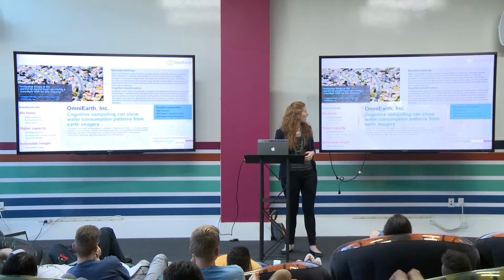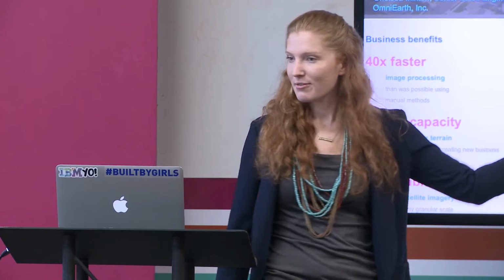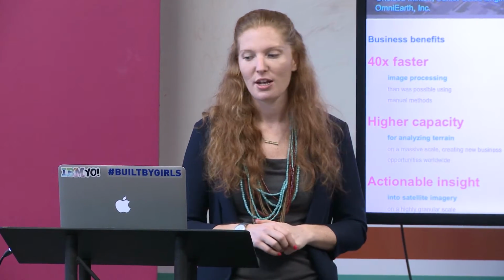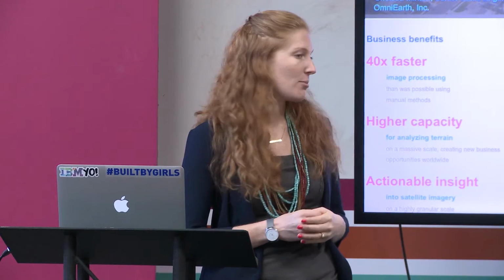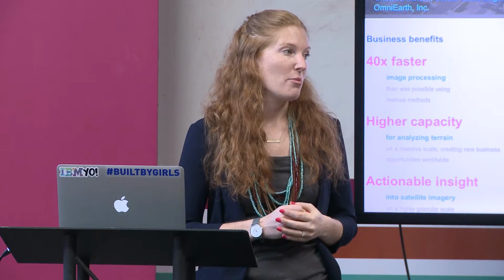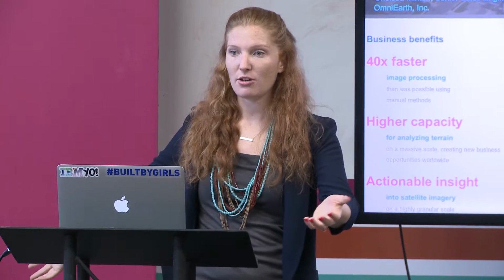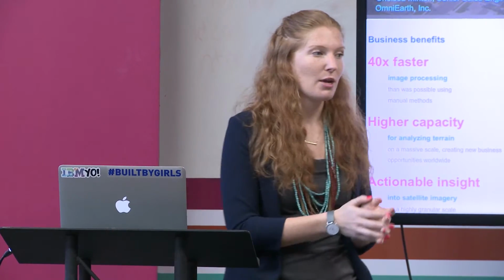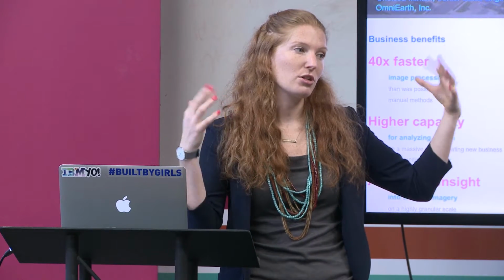Another one here is, since we're in California, anyone know we have drought? Right, bit of a problem. The state's mandated that we have to reduce our water consumption. So this is a really cool example, one that I've worked closely with. OmniEarth is a company that is taking publicly available satellite data, so free data that you all have access to from USGS, and then combining it with mapping data to get a parcel by parcel aerial view.